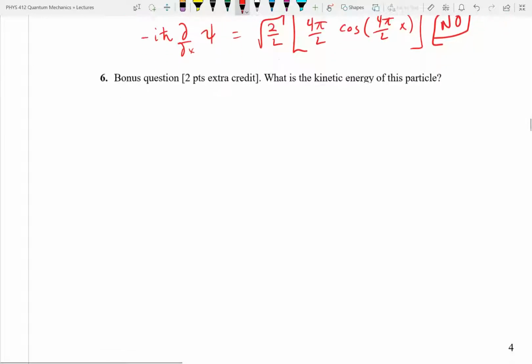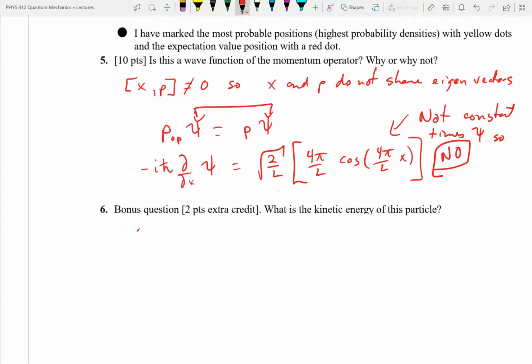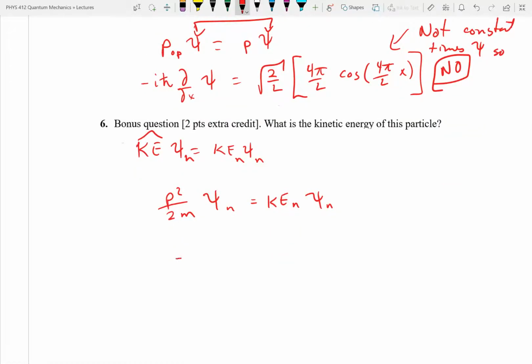And then we had a bonus question. What's the kinetic energy for this particle? Let's make it exact.